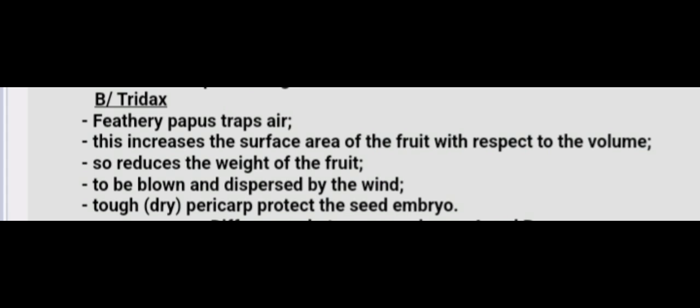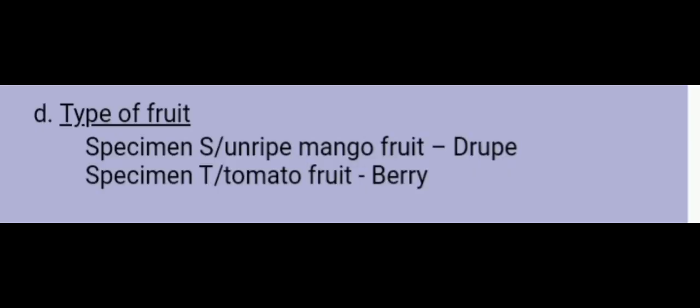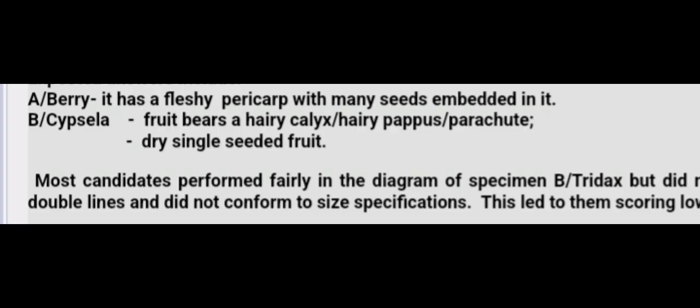The calyx is modified into pappus, and small fruits, light in weight, and I think brownish in color, if you want. And we said that mango is drupe, tomato is berry, tridax is cypsela.